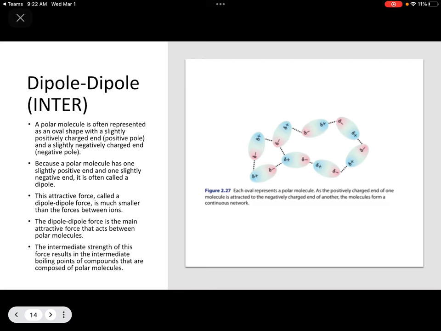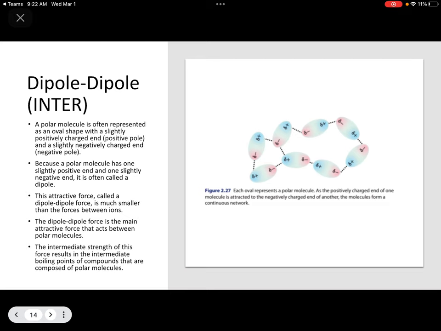It is called that because of the much smaller forces between the ions. So dipole-dipole force is known as the main attractive force that acts between polar molecules. So it's the most common one, okay?